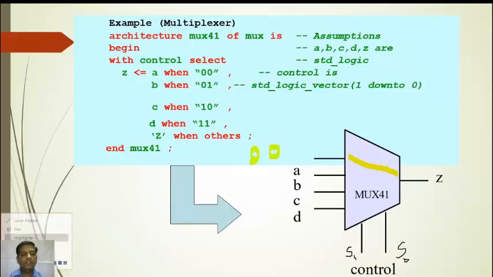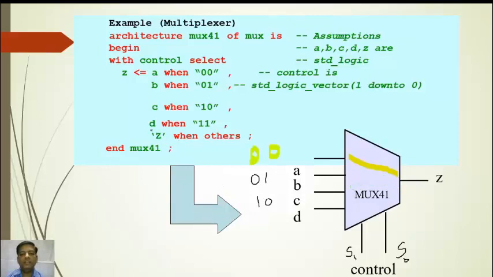If Z is equal to B, then S0 and S1 should be equal to 0 and 1. Now C, Z is equal to C when S0 and S1 should be equal to 1, 0.